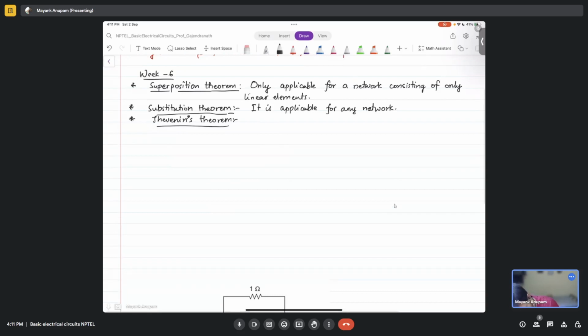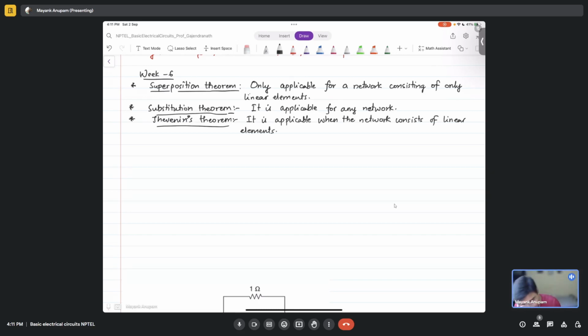Again, it is also applicable when the network has linear elements.